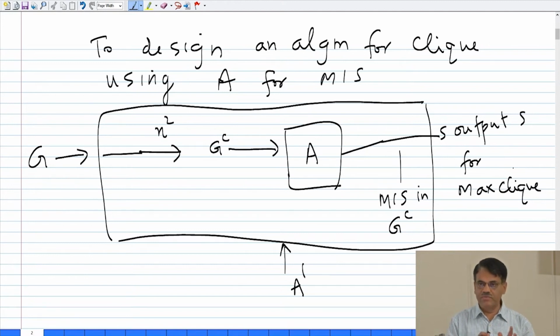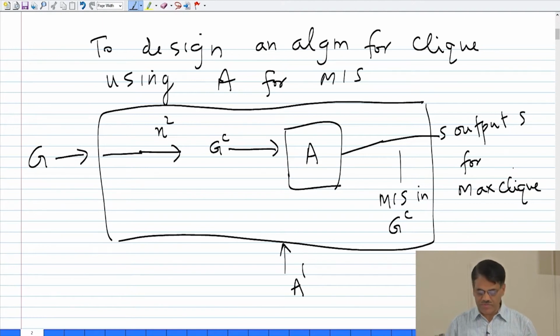So, I will take some graph where I want to find a click, I do some surgery to that graph, in this case it is just a complement, and then I feed it to my algorithm which will give me the max independent set and it gives me a max click, right.